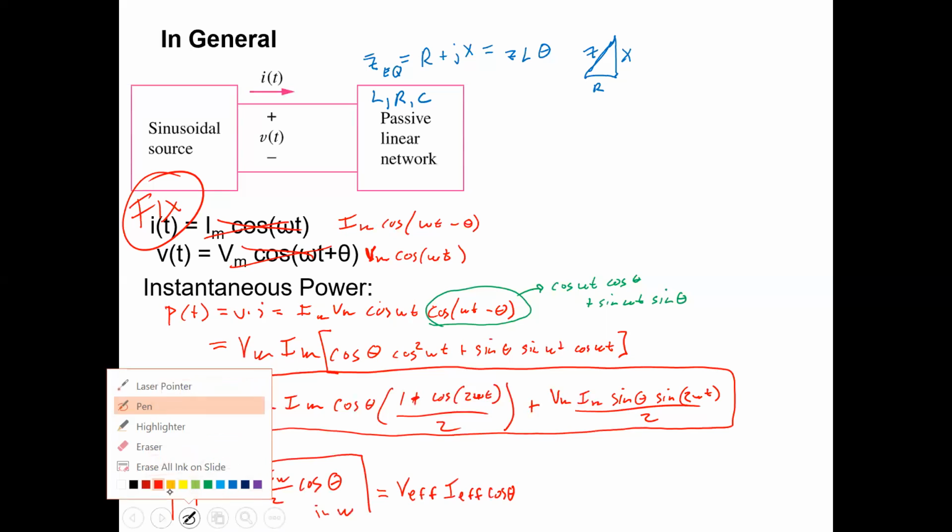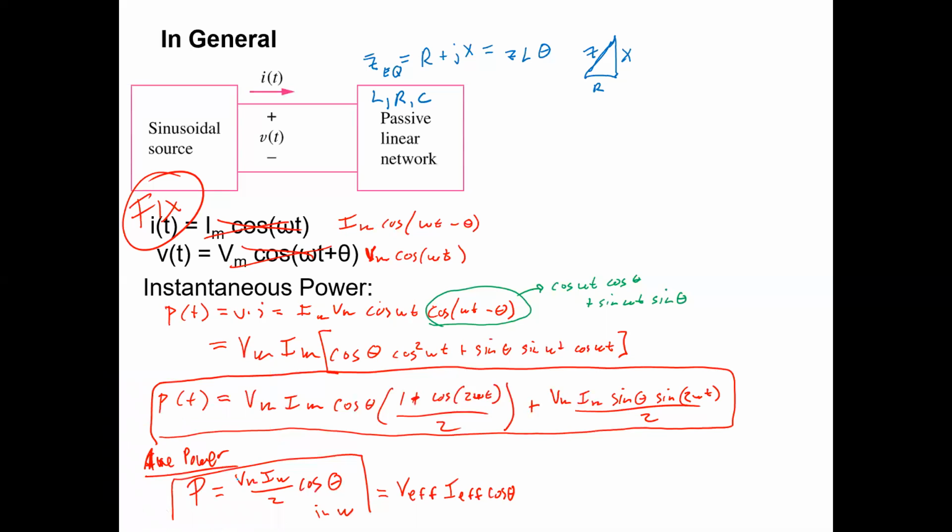And then we're also going to have this term Q. You know the term mind your P's and Q's? This is kind of what it's all about. Q, which is VMIM sine of theta over 2. That's this term here. That's Q. And that is going to equal V effective, I effective times the sine of theta.